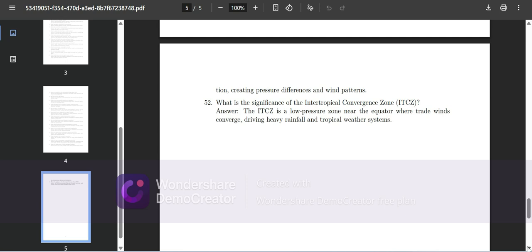What is the significance of the intertropical convergence zone? The intertropical convergence zone is a low pressure zone near the equator where trade winds converge, driving heavy rainfall and tropical weather systems.